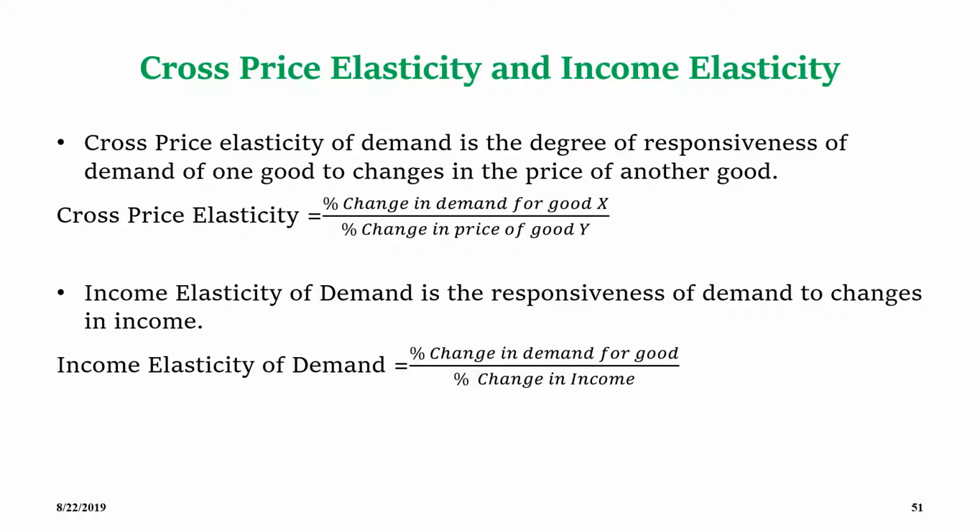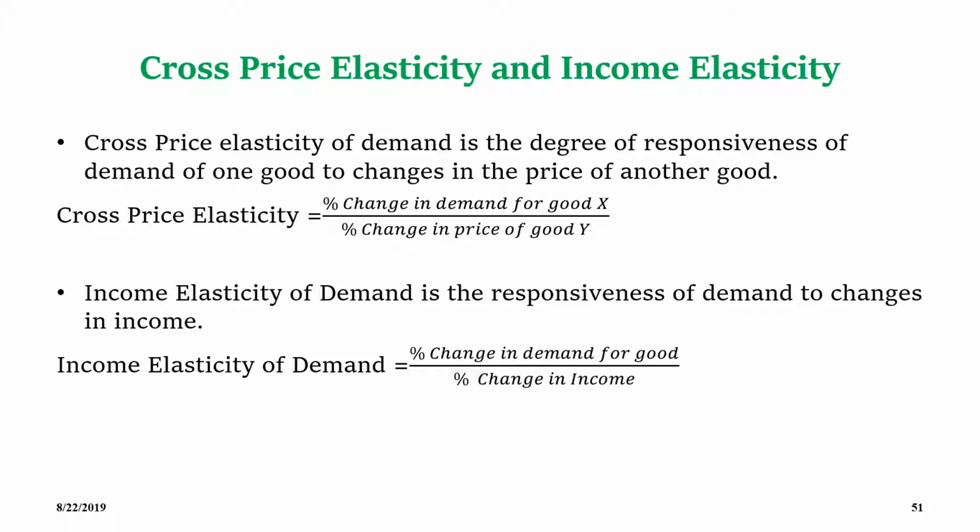The reason is that for normal goods, if the individual's income increases, then more of the normal good will be demanded. If the individual's income falls, then less of the normal good will be demanded. But if the income of the individual increases, less of the inferior good will be demanded. That is why it is negative.